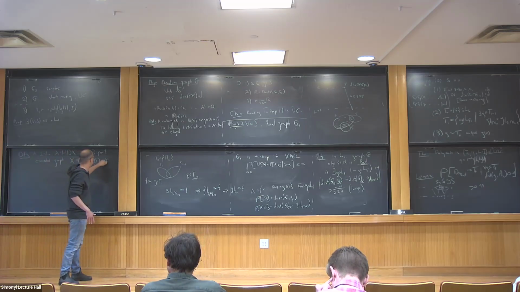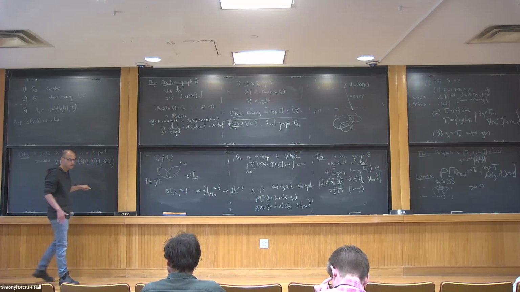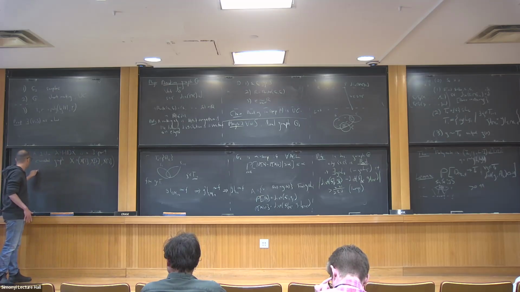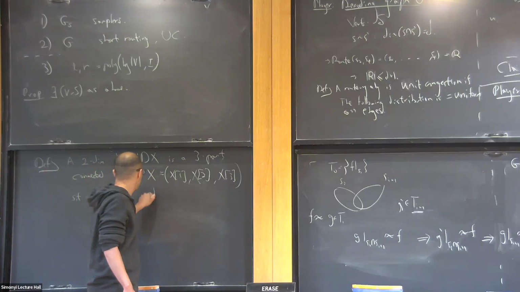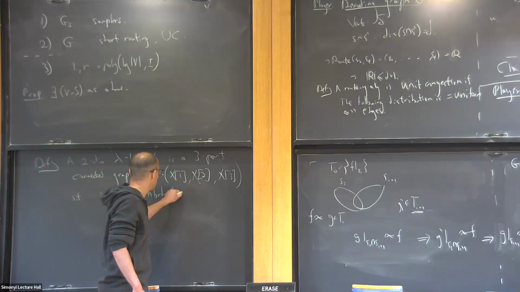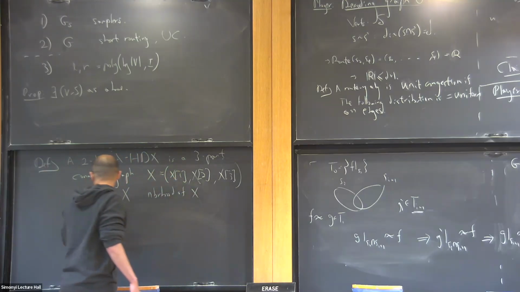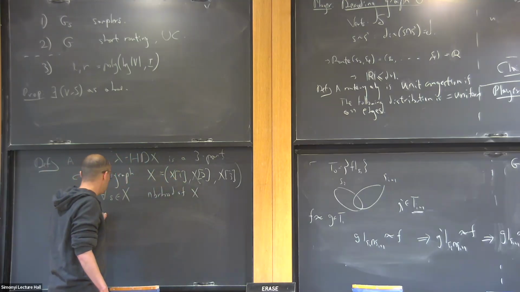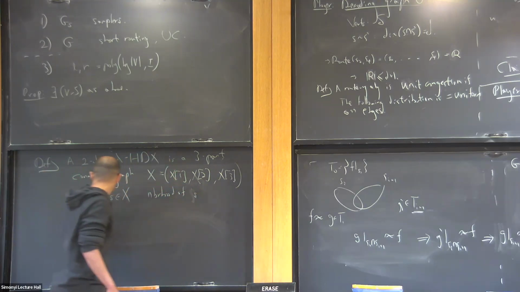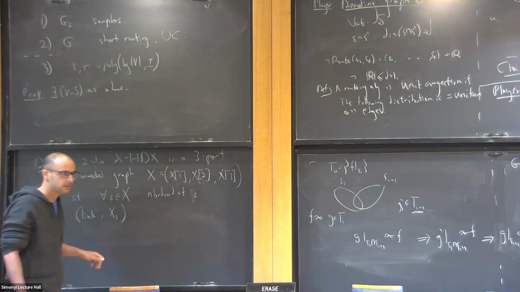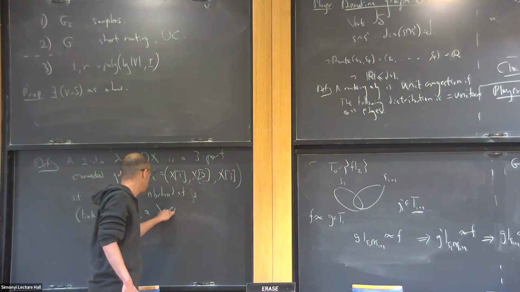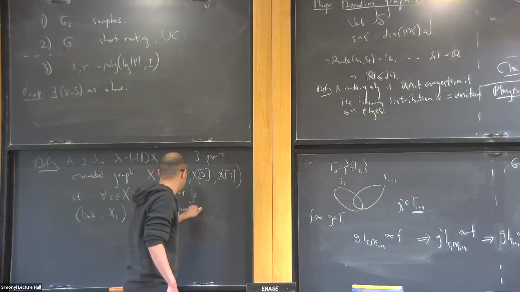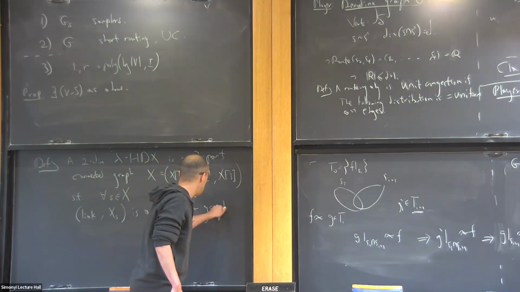It has 3 parts, X1, X2, and X3, such that for every point in X, the neighborhood of that point, which is sometimes called the link, sometimes denoted X sub S, is a lambda expander graph.